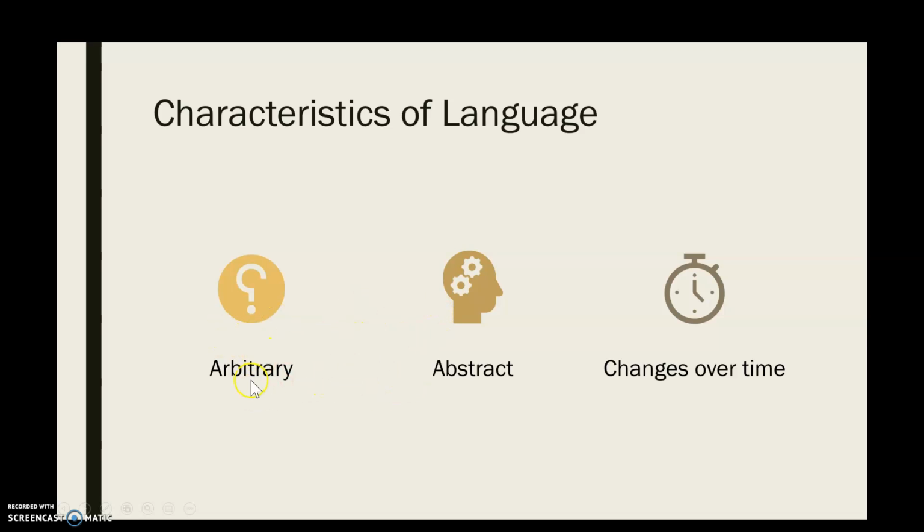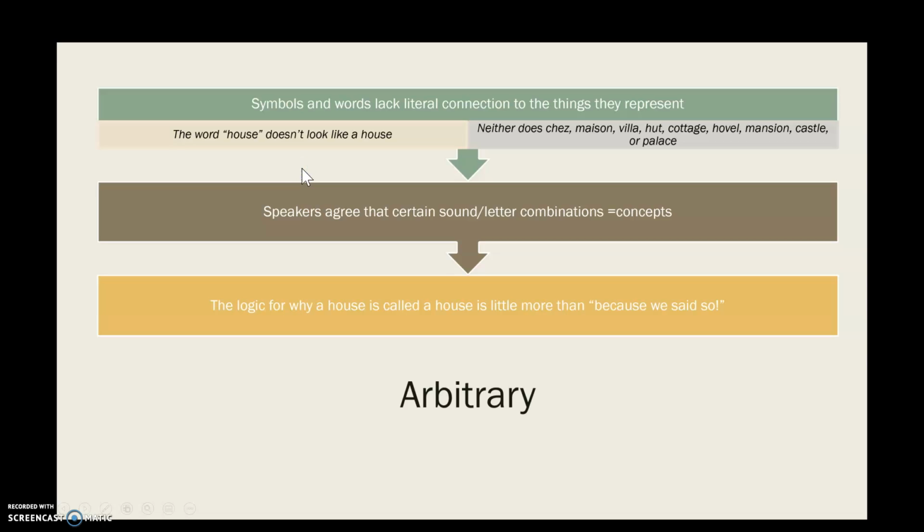We'll actually talk more about each of these in the next slide. So it's arbitrary, it's abstract, and it changes over time. Arbitrary means that the symbols and words lack literal connection to the things they represent. The word house doesn't look like a house. Neither do some French words, chez, maison, or villa if we're doing the Latin version.